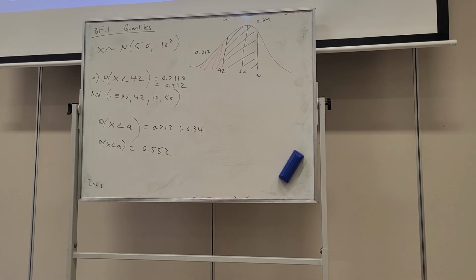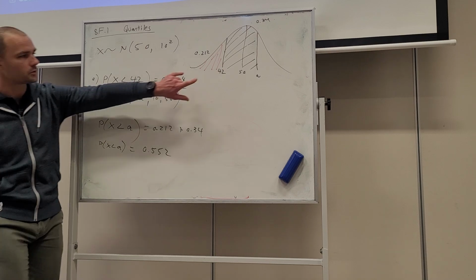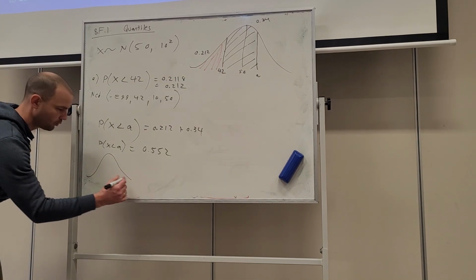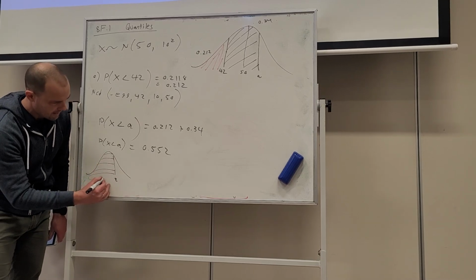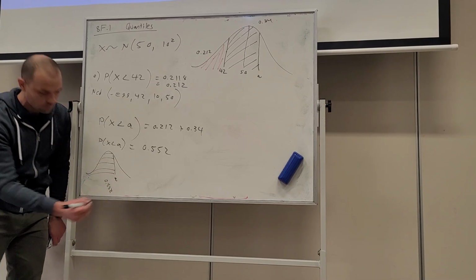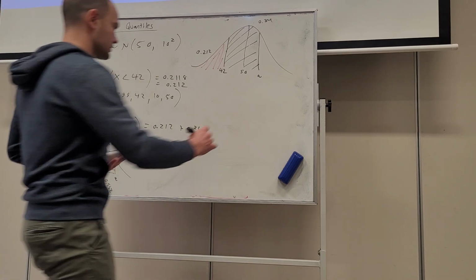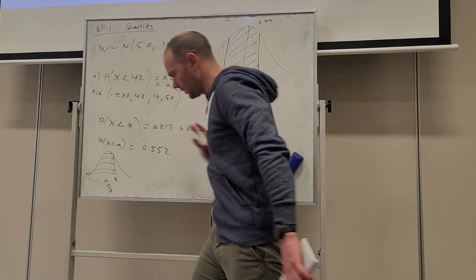Okay, so now what this means is we've reduced it from a 2-part problem to just one calculation left for us to perform because we have A here and we know the probability of being less than A is 0.552. So now it's just our normal inverse calculation. So we go into inverse normal. Our tail is pointing to the left.